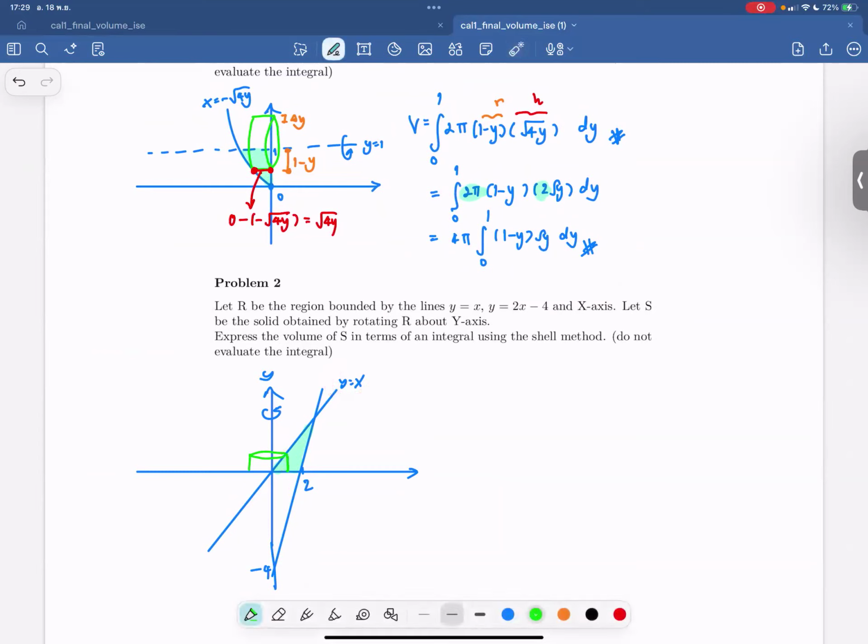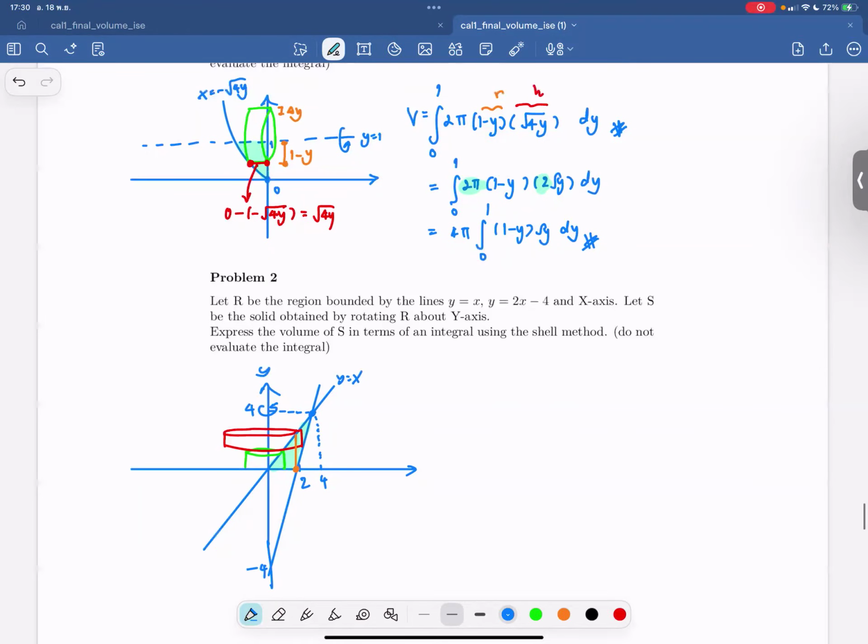But if we want to calculate the volume of the rotation of this area using the cylindrical shell method, you have to separate the volume into two integrals, like at an orange interval. So we firstly find the intersection point, which is 4 and then 4, by just solving the system of equations.